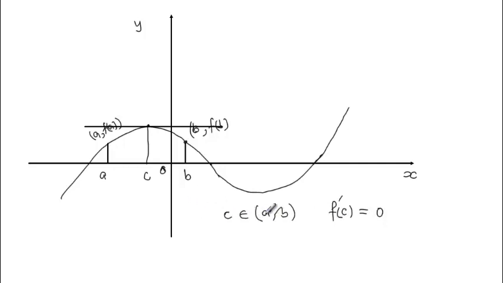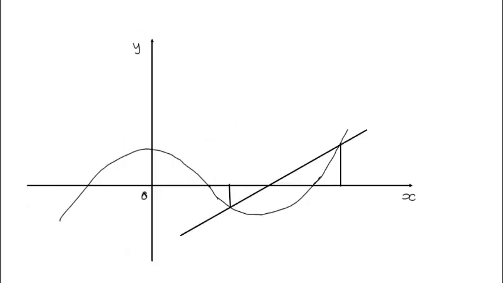Now, this is actually a very particular case of what we call the mean value theorem. In this case, it's when we've got f of A equal to f of B. Then between these two points, when the curve is continuous, we're guaranteed to have a C where the tangent is horizontal. Now, turning to the mean value theorem, this is a different case.